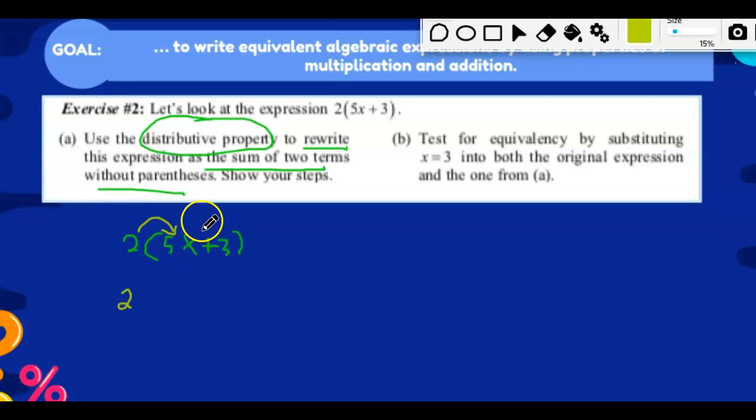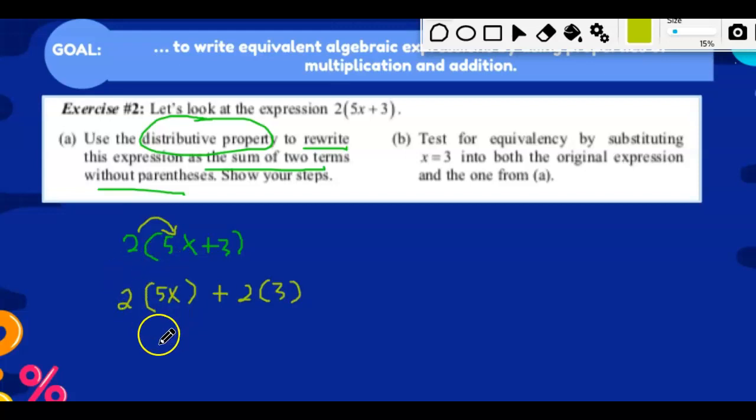So there are 2 terms here, 5x and 3. So that's gonna be times 5x. Since that's plus, I put plus here, 2 times 3. And then we simplify.